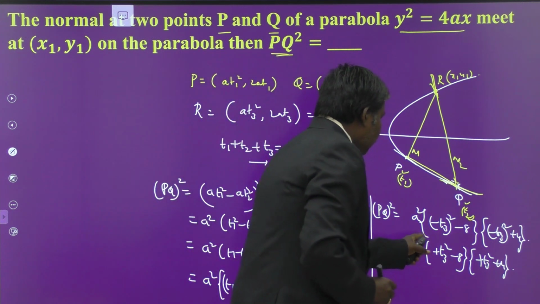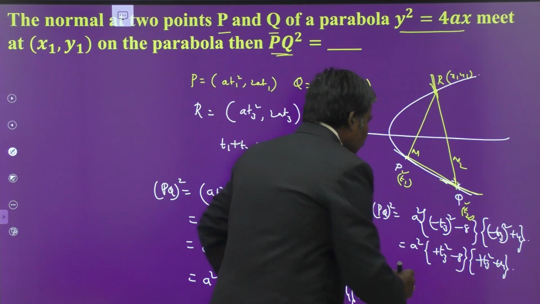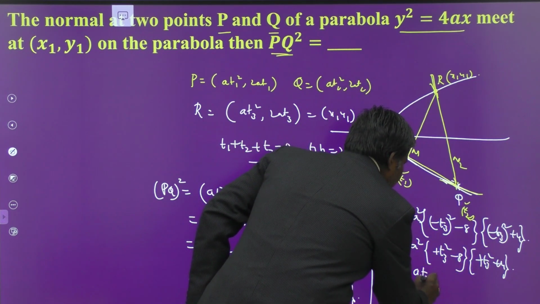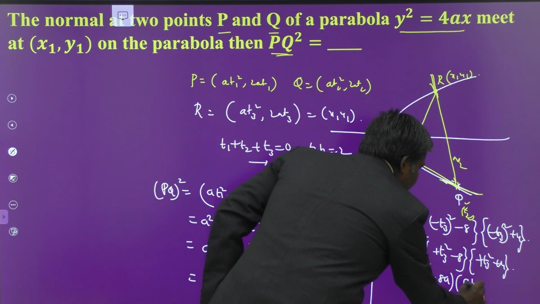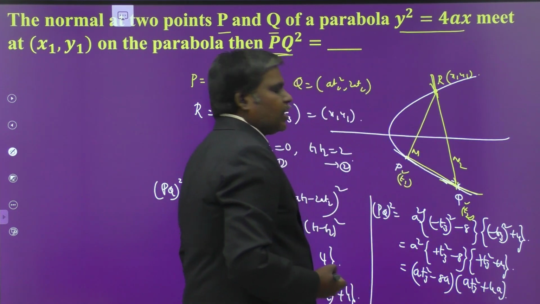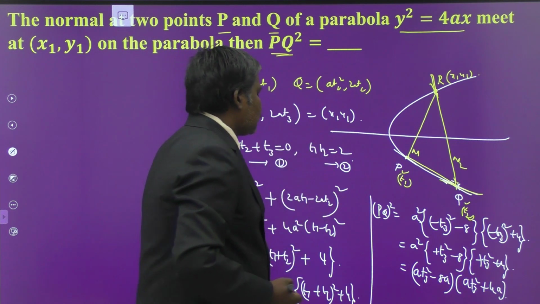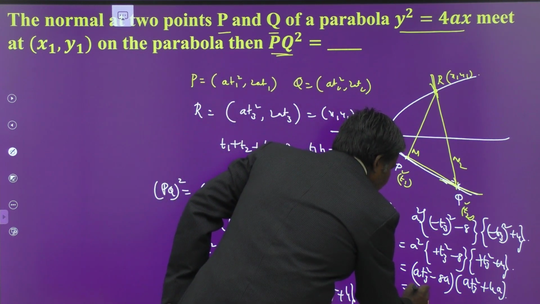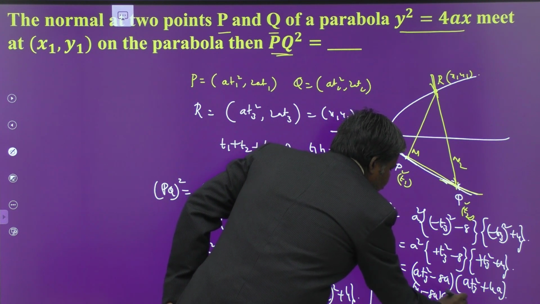Now, here it is a square. You take one a to this bracket and multiply another a with that bracket. We obtain (at3 square minus 8a) into (at3 square plus 4a). Am I correct? But what is at3 square? at3 square is nothing but x1. So the answer is (x1 minus 8a) into (x1 plus 4a).